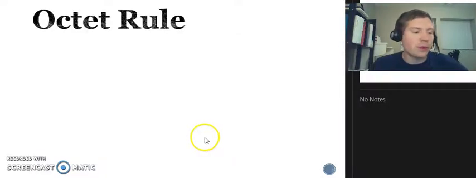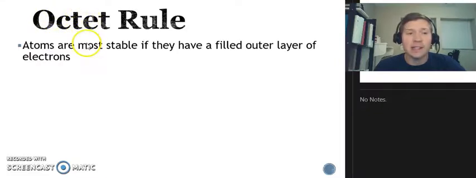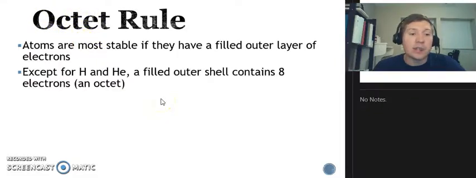Alright, so one of the most important rules in explaining how atoms combine is called the octet rule. You should know the prefix oct or octo means 8, and what this means is atoms want 8 electrons in their outermost shell. That makes them stable and happy.